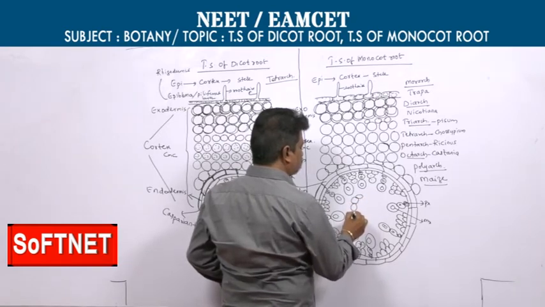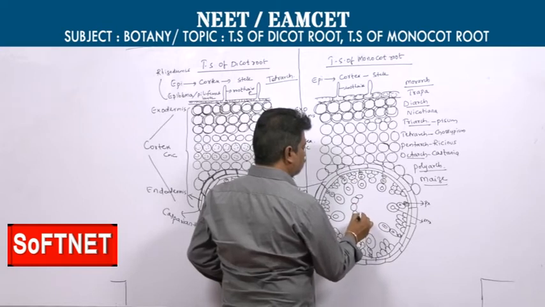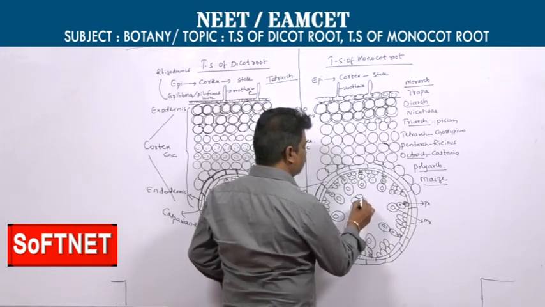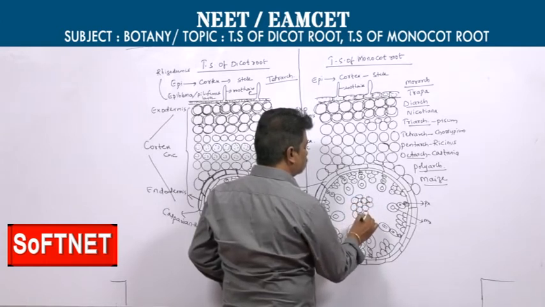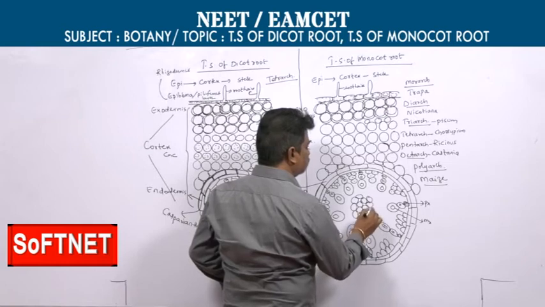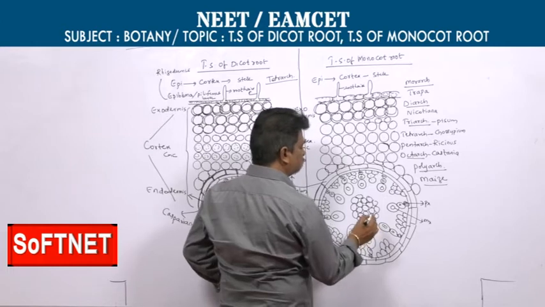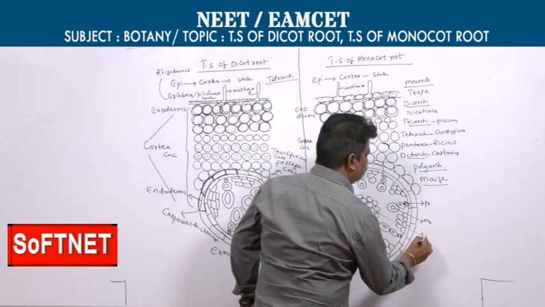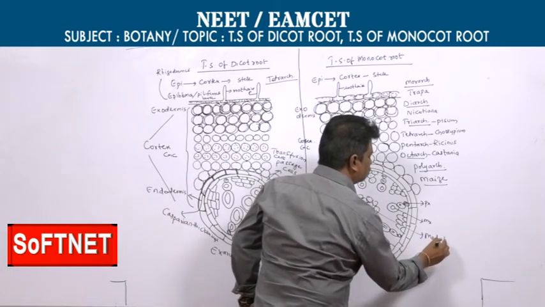In monocot root, medulla is enlarged and parenchymatous in young root.